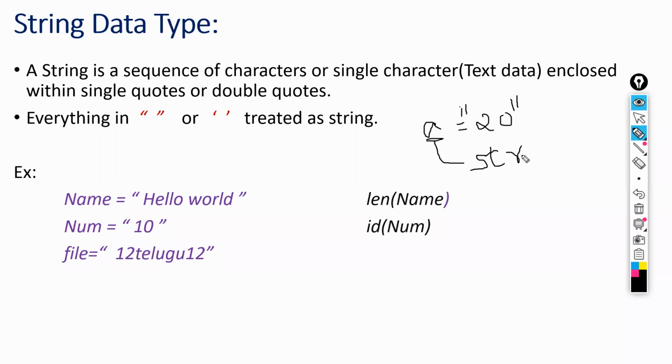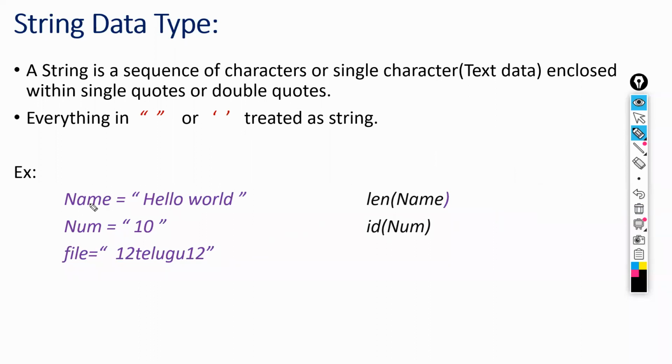STR means string. The data, the characters or the sequence of characters, presented in between two quotes or single quotes. In C programming, we must use double quotes, but here we can use single quotes also, treated as string.